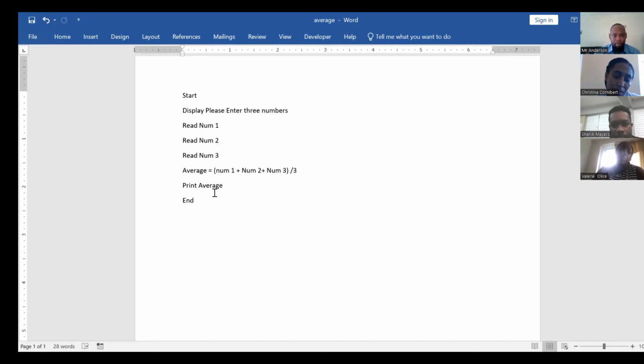And then I will print the average and end. Okay, very good. Now it's important to use BODMAS in your calculations. In this case, for average, we want to find the sum first. So we must utilize BODMAS in our calculation. Very good.